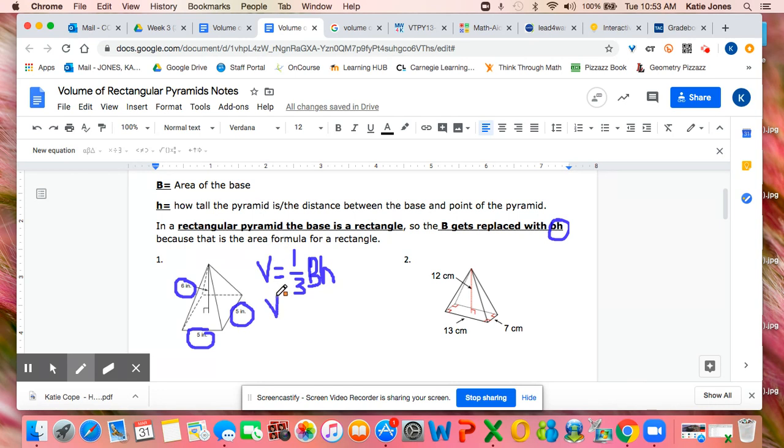So we have V equals 1/3 area of our base, so base times height, times the height of our pyramid. So the base and the height of my square is 5 and 5.